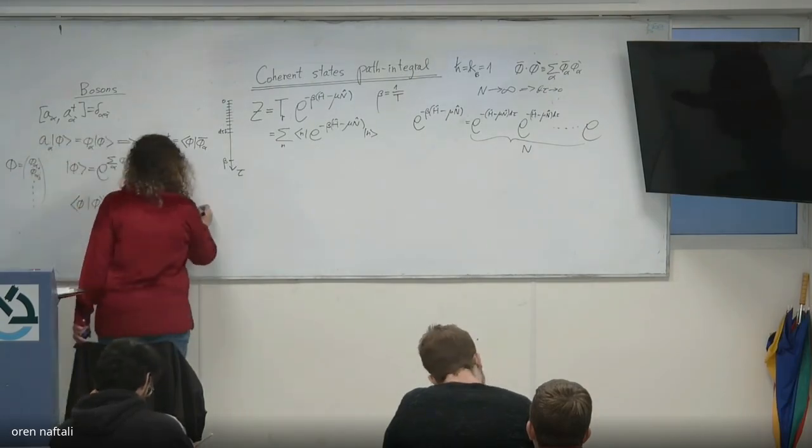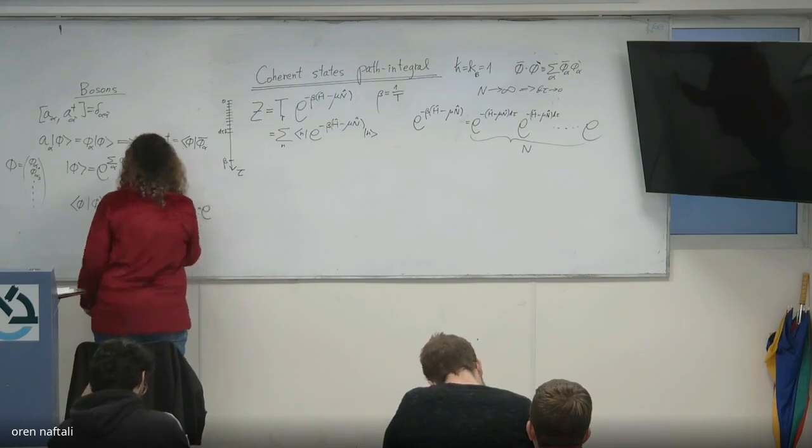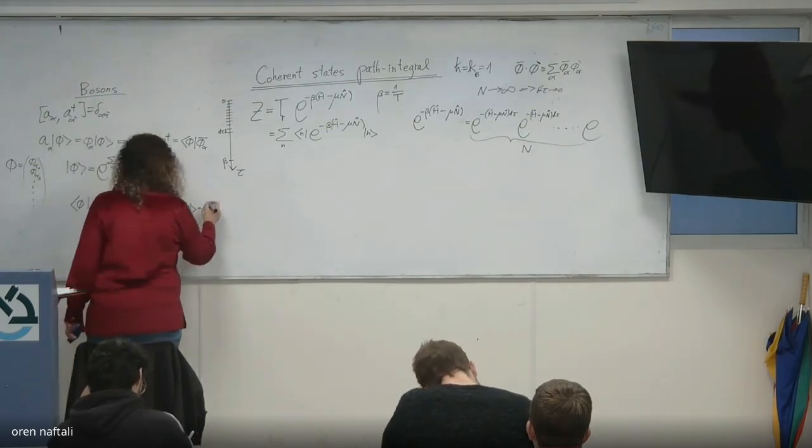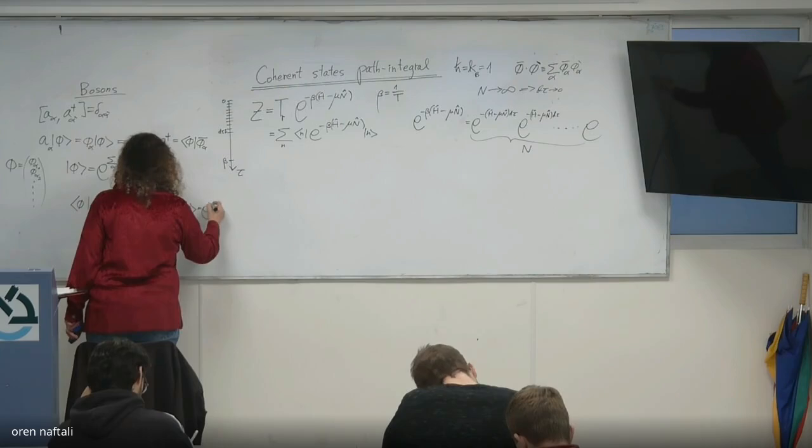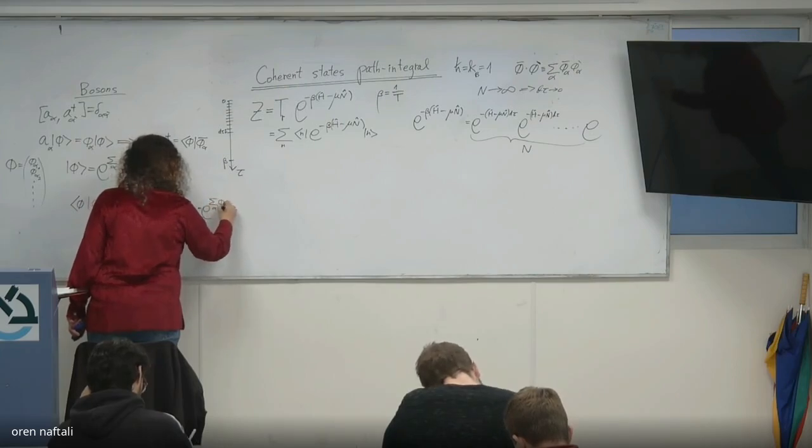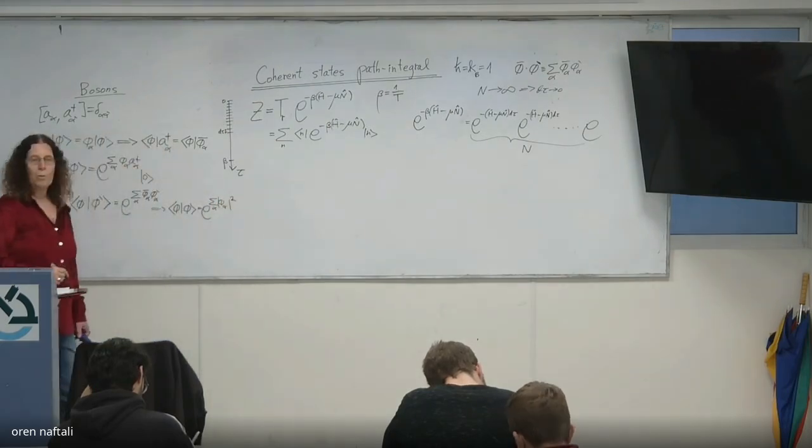I'm just plugging in the same expression, it's e to the sum of alpha, absolute value squared.